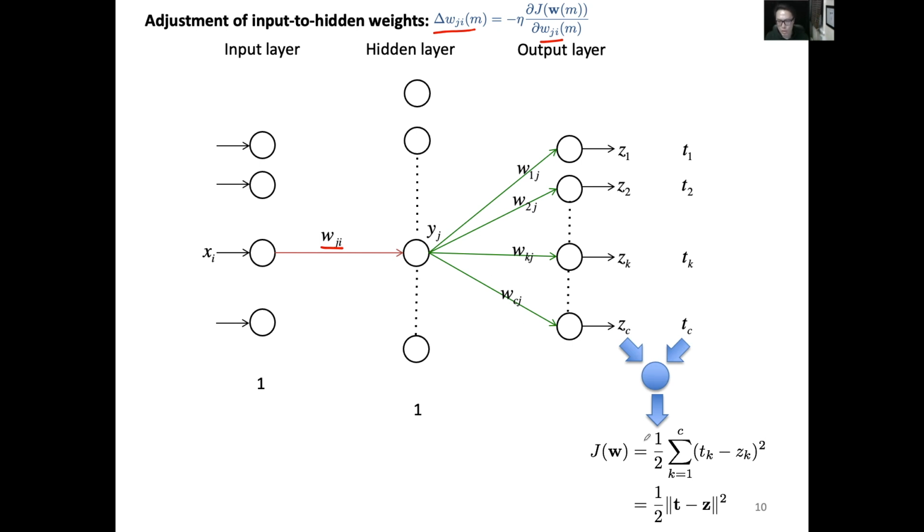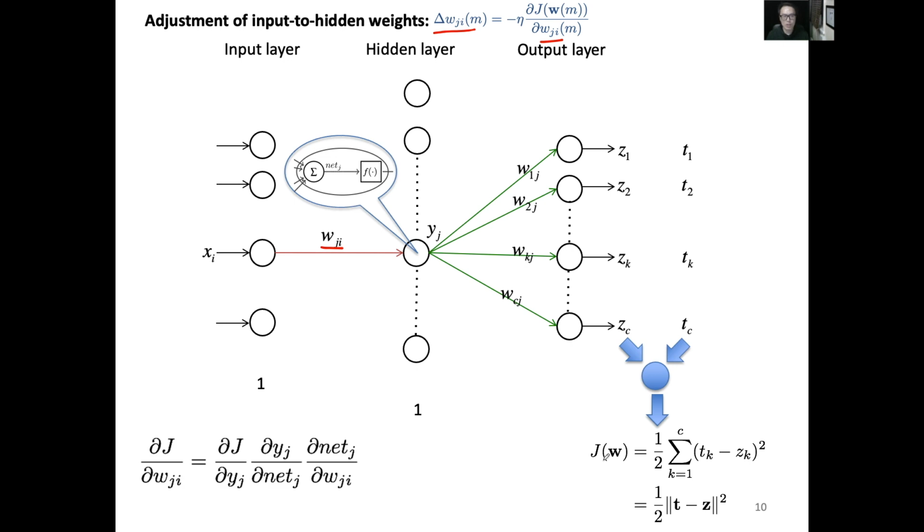Okay, so we are going to do the same thing. Based on the training samples, we find the training error in this form, that is J. And then what we are going to do next is to find the change of J with respect to wji in this particular form. We are going to apply the chain rule.